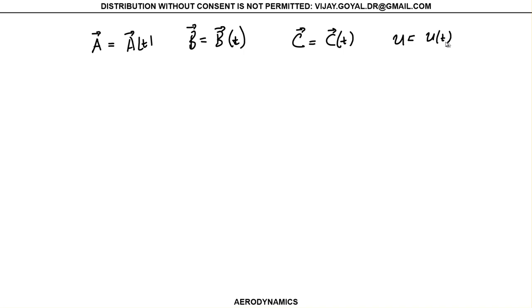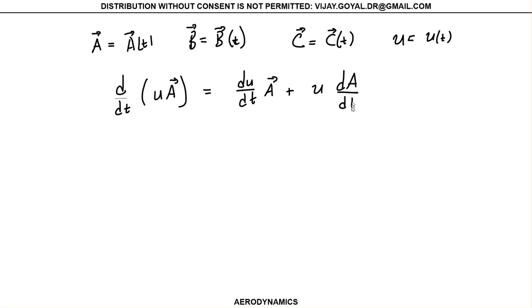Okay, so we have this definition. If I wanted to take the derivative of U times A, remember U is a scalar, a function of time, then using the chain rule this is dU/dt times A plus U dA/dt. Since this is a scalar but it is a function of time, this term remains there. If it was not a function of time, then this term would go to 0.